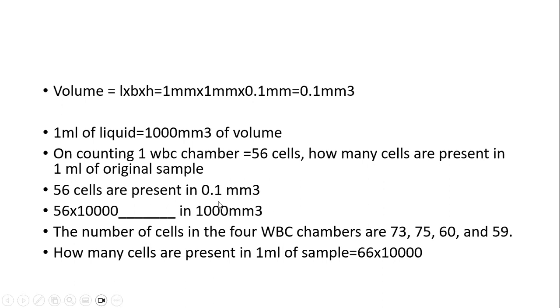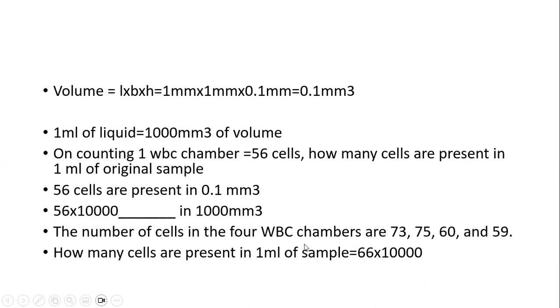So that will mean that 56 into 10 to the power 4 cells are present in 1000 millimeter cube volume, which is the same as 1 ml of liquid. Using this you can find out how many cells are present per ml of the given sample. This is one problem. You can practice it to find out how many cells are present using these numbers.